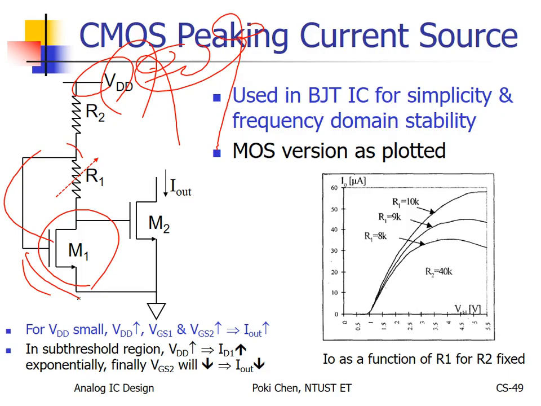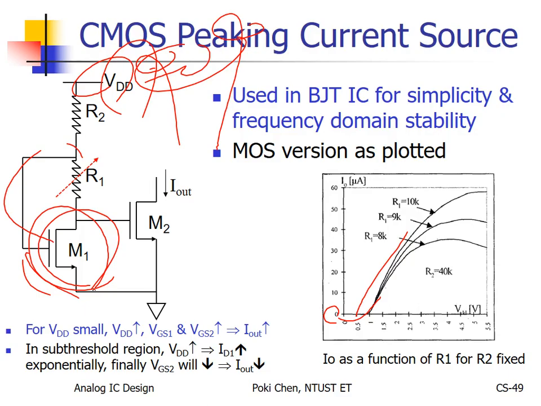So you can see, from 0 current all the way up. Okay, but be careful. From the very beginning, M1 operates in weak inversion region. From cutoff, weak inversion, then strong inversion, right?